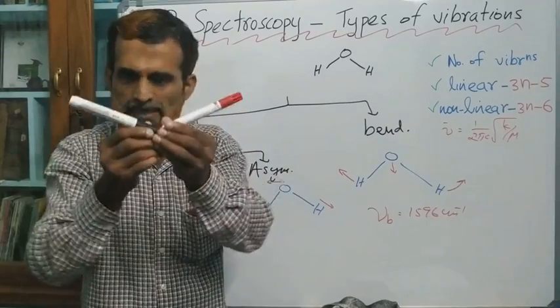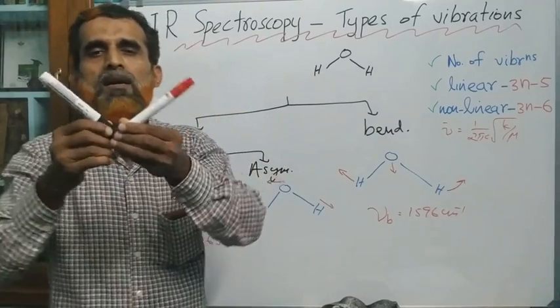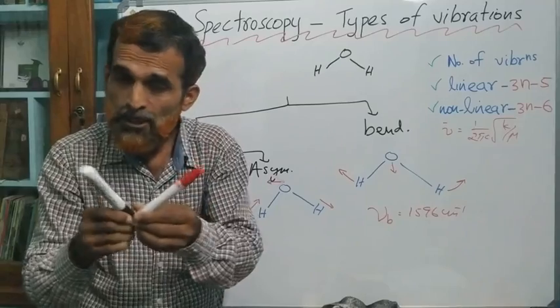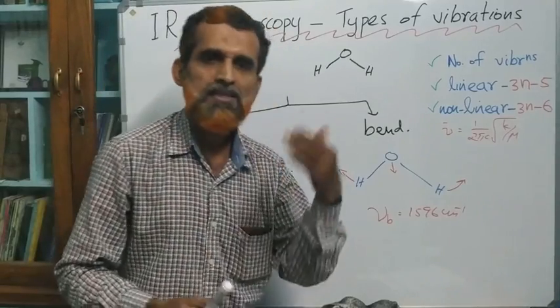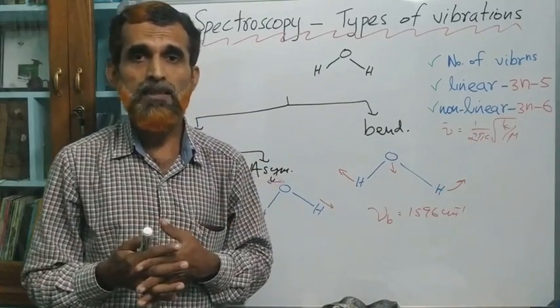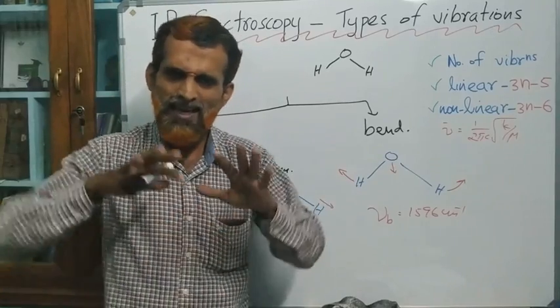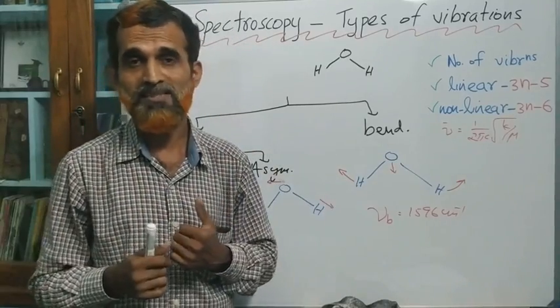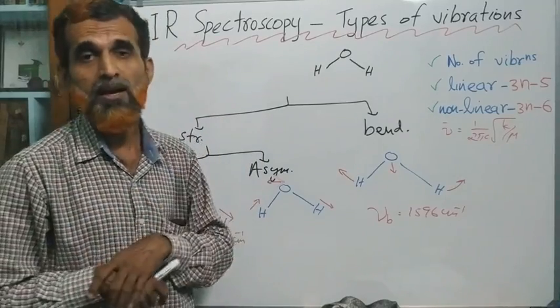This is actually an in plane kind of bending, and this is the movement of a scissor. So what do you call this? This is called scissoring. Okay, so there are such scissoring, wagging, rocking, and there is another one, twisting. Such different bending vibrations are also there. A kind of molecular dance, you can say. IR spectroscopy in that respect is very interesting at the molecular level.